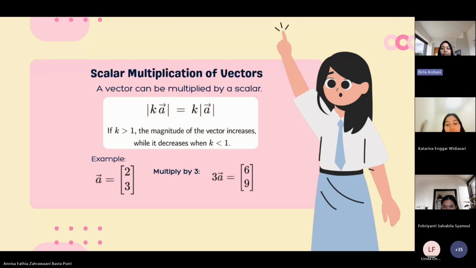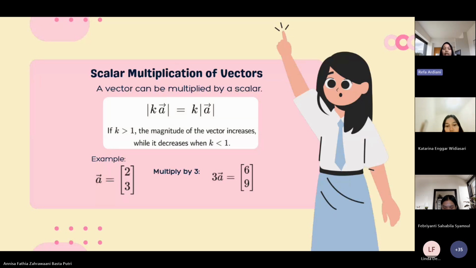For the example, vector A equals (2, 3), and the scalar k equals 3. To calculate k times vector A, we multiply each component of the vector by 3.